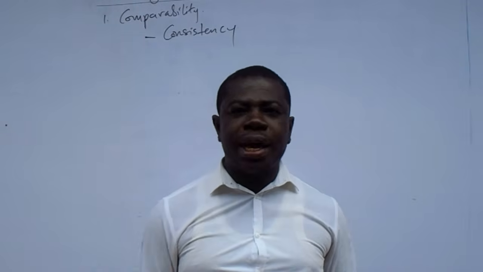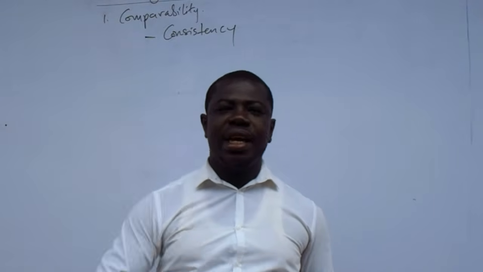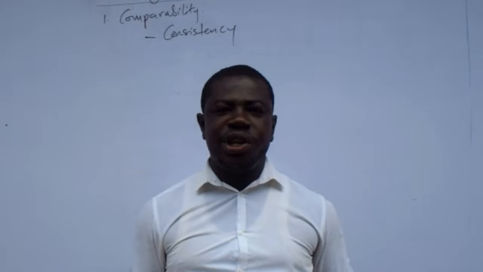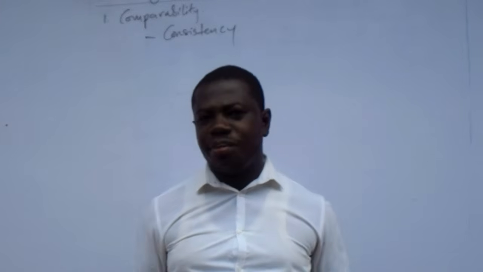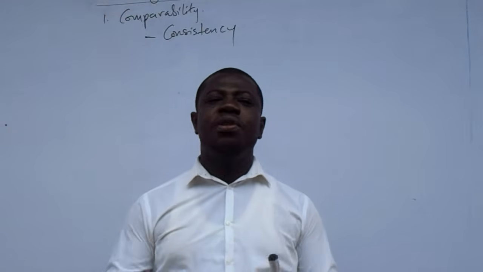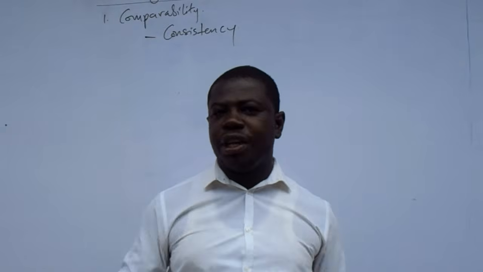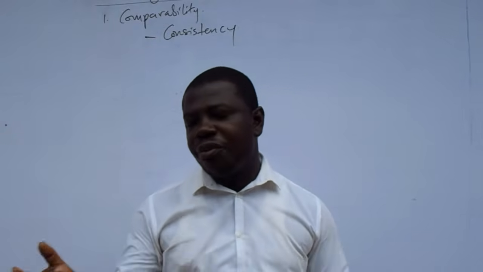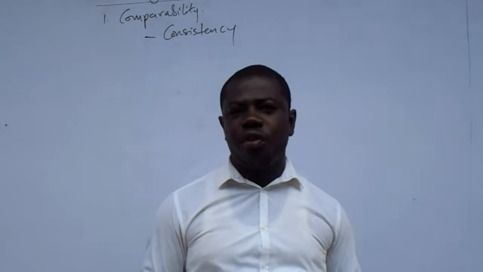If you use straight line method for depreciation of your PPE this year, and next year you use reducing balance method, and the following year you use sum of the years digits method, for example, you are not being consistent with your methods of accounting, and it will be difficult to compare your profits because each of them will give a different figure in terms of how you ascertain your expenses of depreciation.